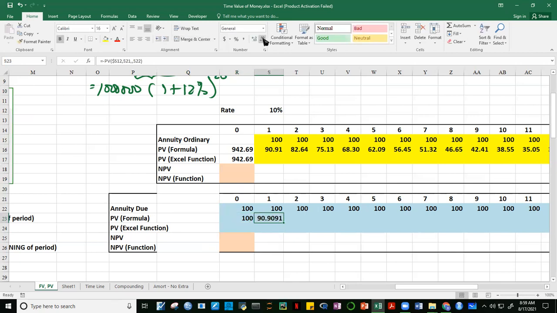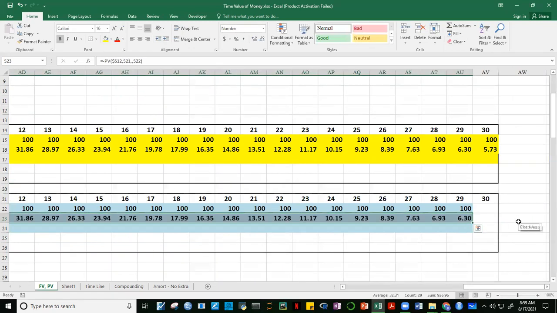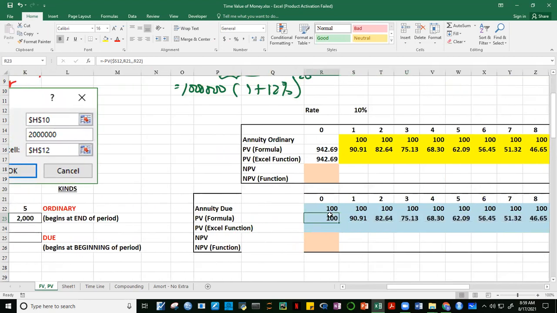the right. So ito 19.91 natin kanina. No? Dapat pareho lang yan. So, copy to the right. Okay, hanggang year 29. Okay, 6.3. So notice guys, ang difference ng annuity ordinary at saka annuity due. Dito si annuity due, wala siyang 5.73, pero meron siyang 100. Okay? All others are the same, 90.91, pareho lang hanggang dulo.